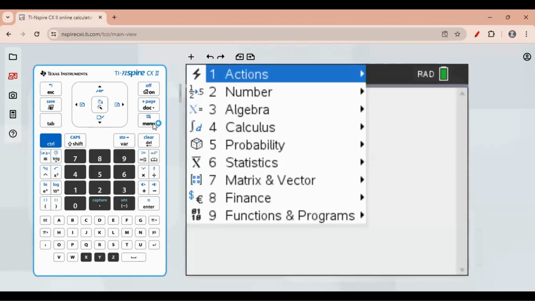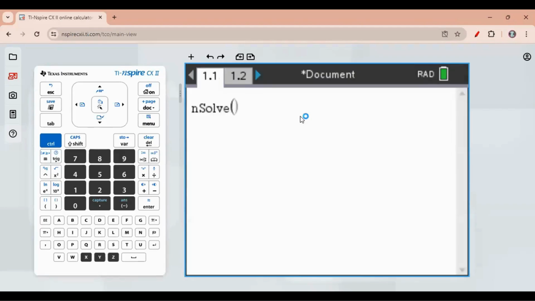Okay, so we need to go for nSolve. My equation is 1.2 power n, then equal. Actually it is an inequality, but we can solve this later. And comma. Oh, I used n. So let it be n.